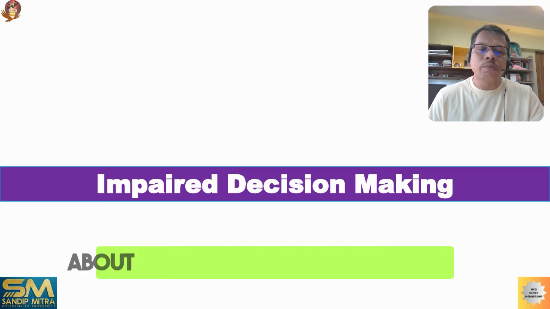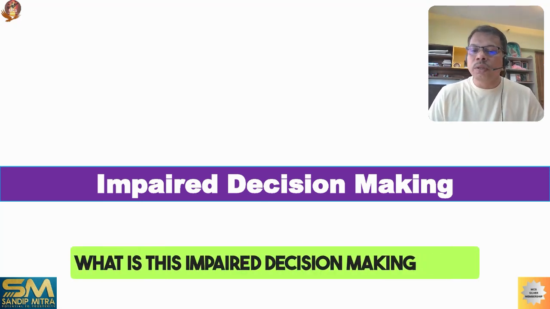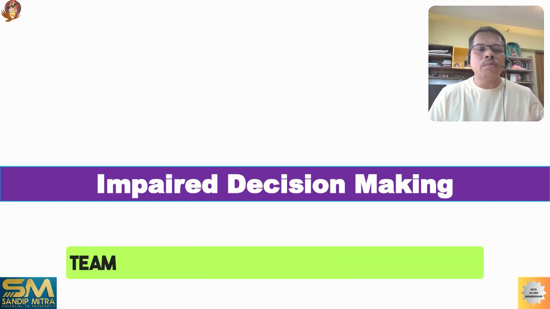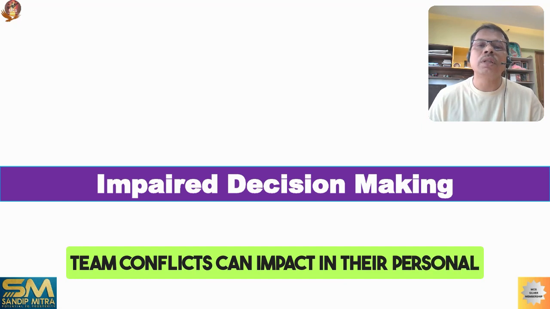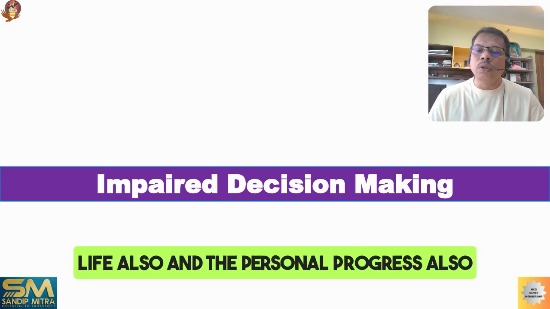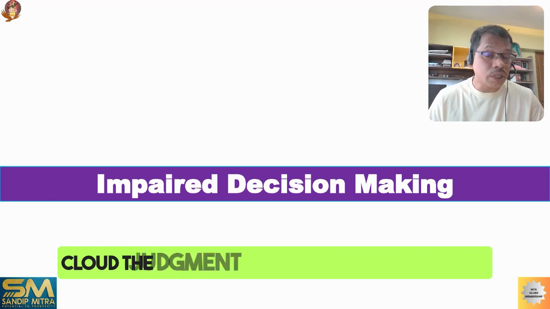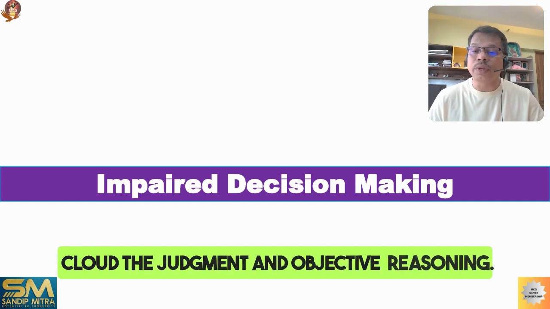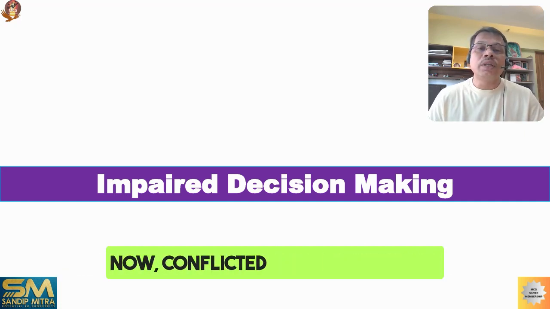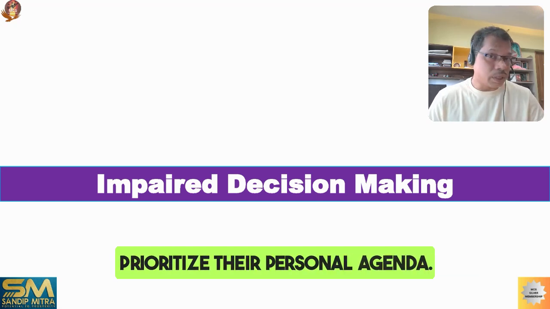The next thing to discuss is impaired decision making. What is this impaired decision making? Team conflicts can impact their personal life and personal progress also. In the decision making process, emotions may cloud judgment and objective reasoning. Conflicted team members may prioritize their personal agenda.